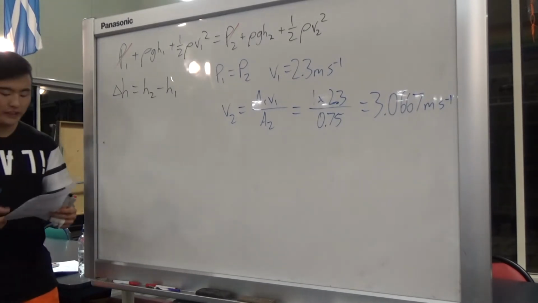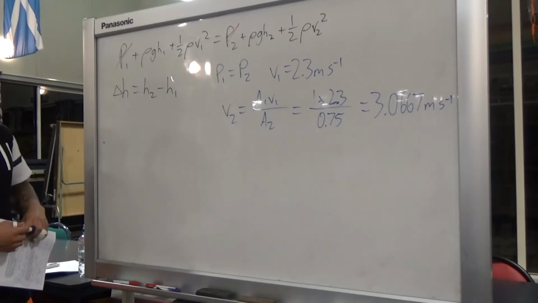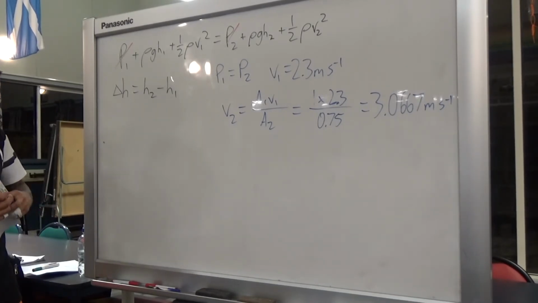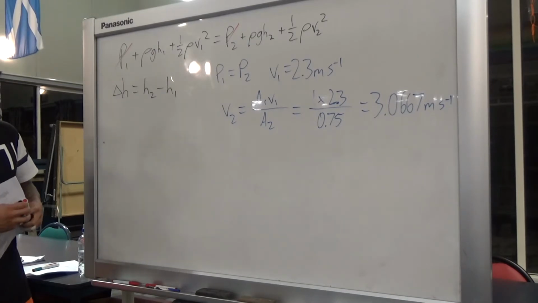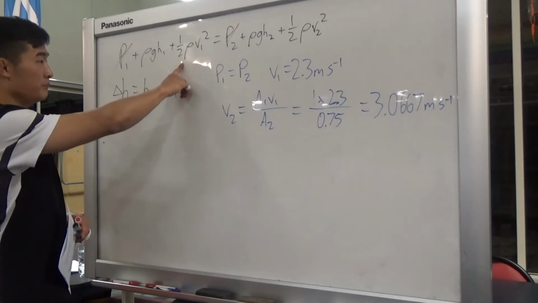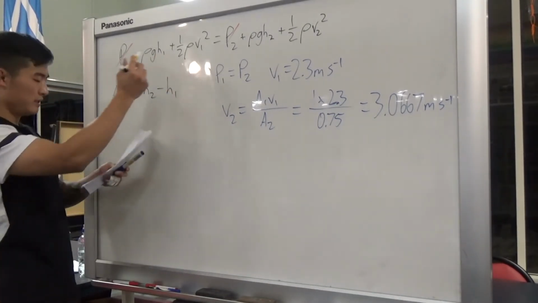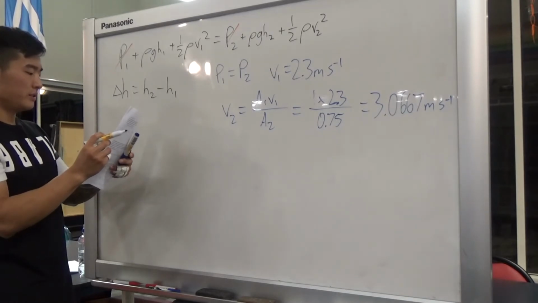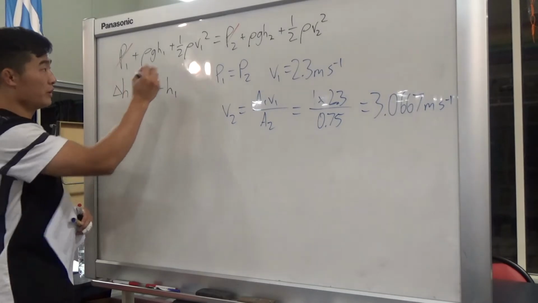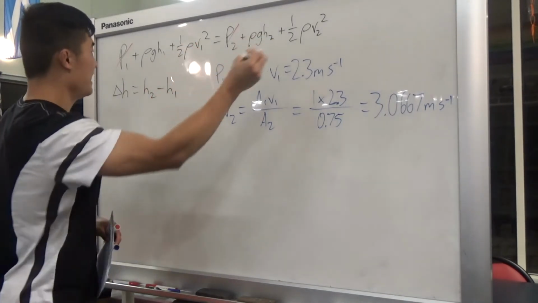Okay, so now we've got V1 and V2. So we can start to rearrange our equation. So what we'll do is first we're going to minus half rho V1 squared from both sides.